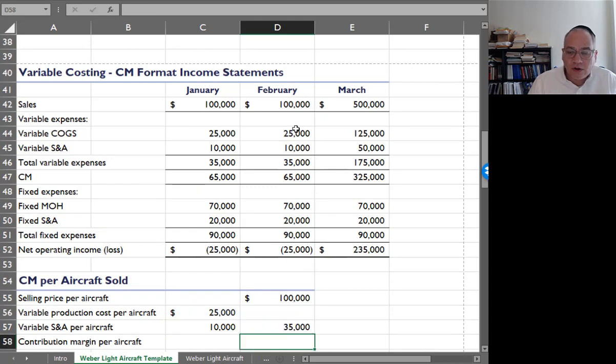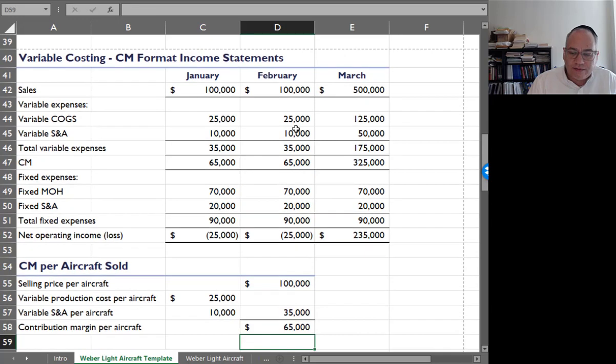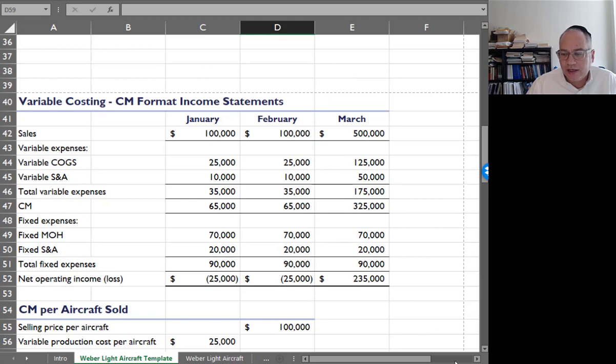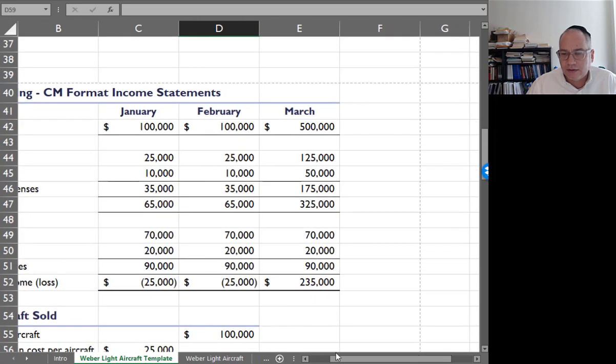So my total variable cost per unit is $35,000, and contribution margin per aircraft is going to be $65,000.